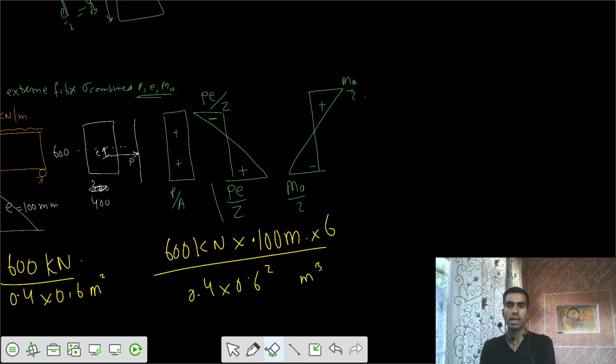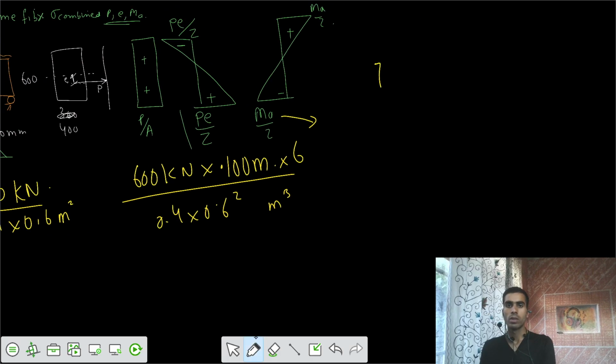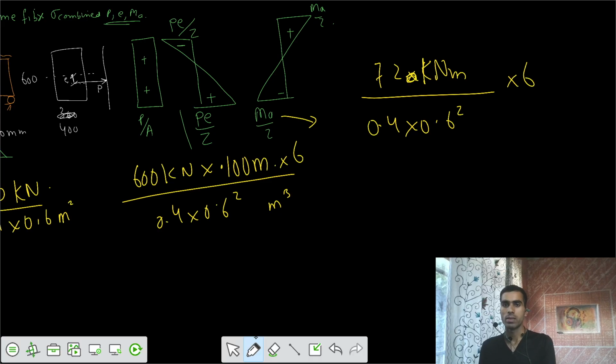And the third value is M all by Z. We need to calculate M all by Z. The moment developed was 72 kilonewton meter, divided by the section modulus BD square by 6. So you solve these three values.